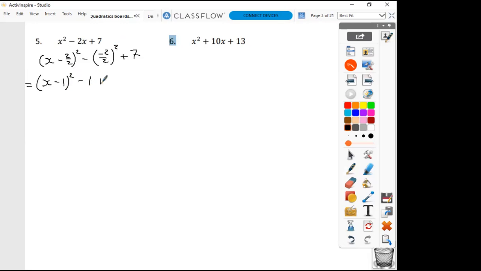Minus 1 squared is 1, plus 7. (x minus 1) squared plus 6. So my turning point would equal 1, 6.